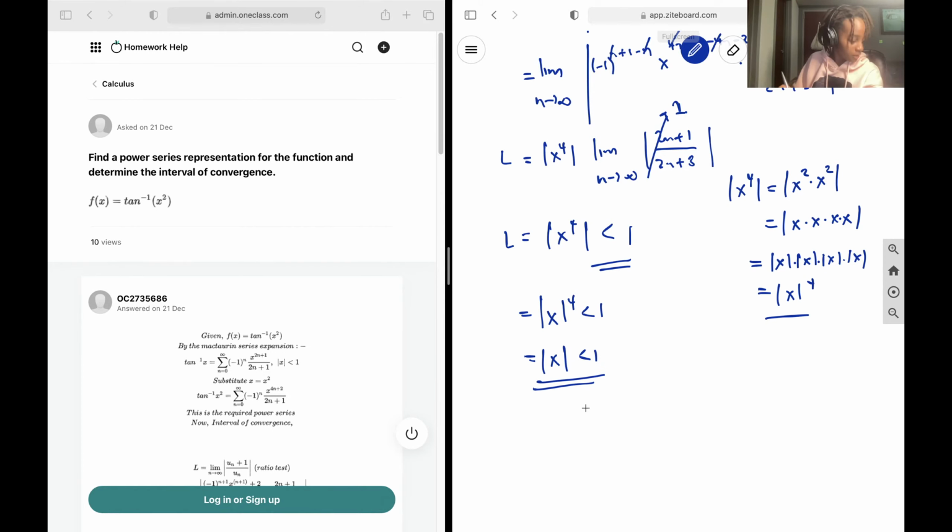So this simply means that the interval of convergence is going to be when x is between -1 and 1. And that's our final answer.